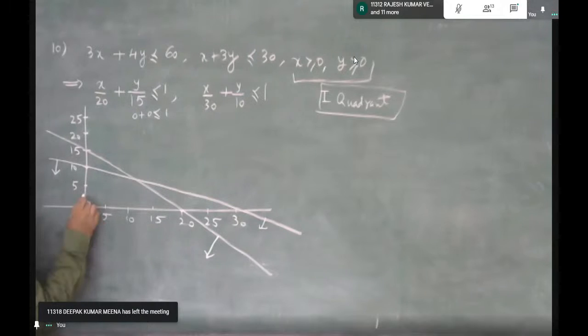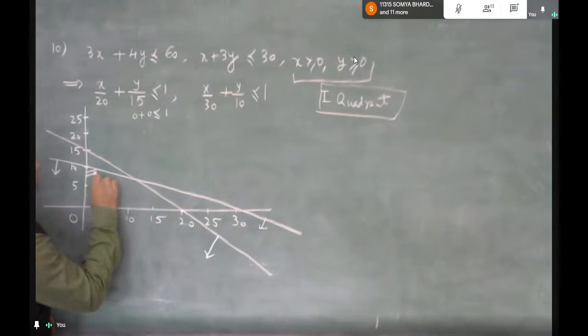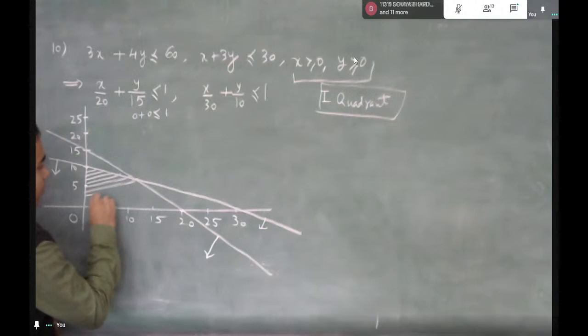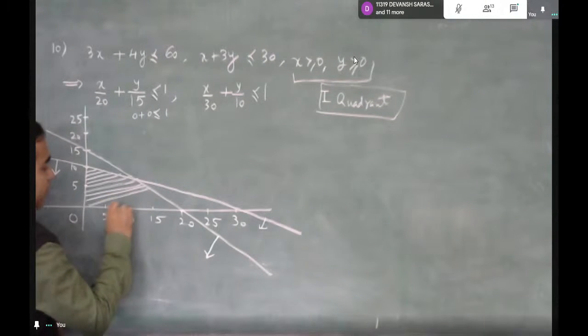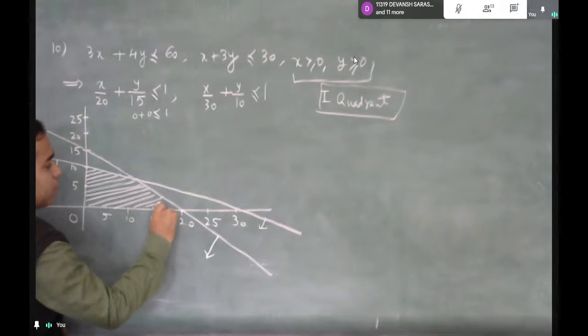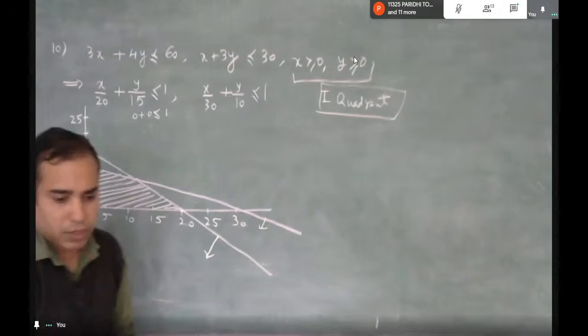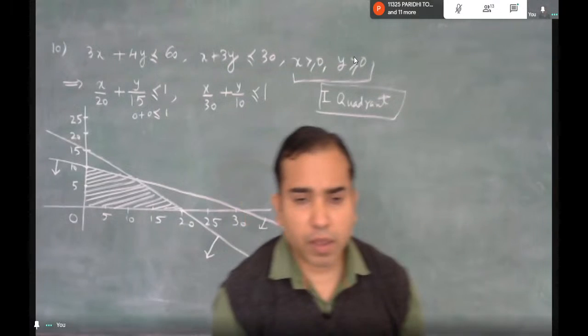I hope things should be clear to you that only this area will be the right solution. This area will be the final solution area. Right. So you shade only final solution area and that is complete. This is the final area.